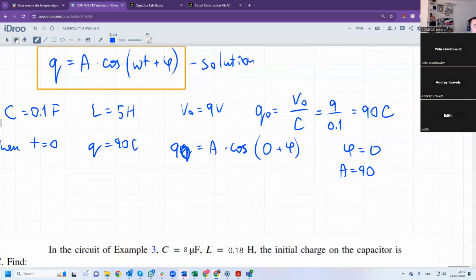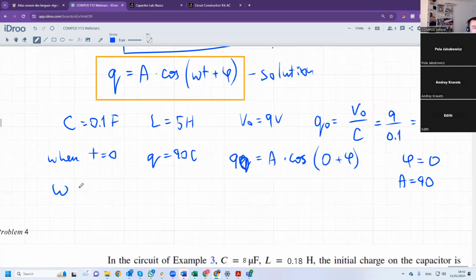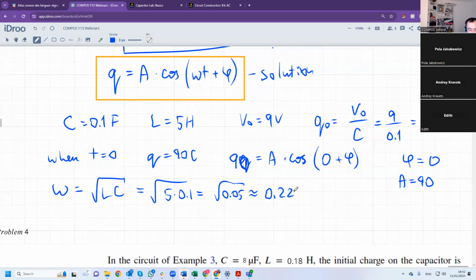And omega turns out to be the square root of LC. So that is the square root of 5 multiplied by 0.1, the square root of 0.05, which is approximately 0.224 seconds to the power minus 1.